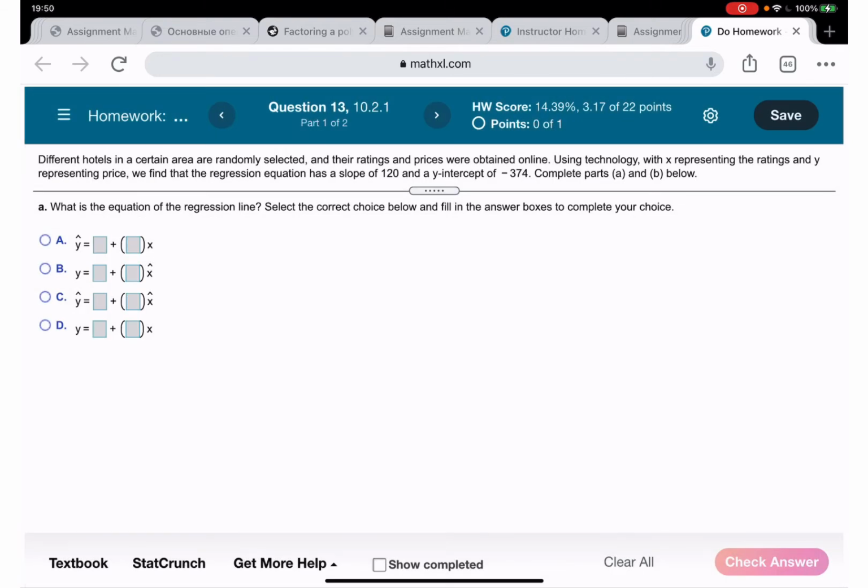All right, here we are going to complete the predicted value. I don't even need to read the entire question because we have the format y equals mx plus b, or written as b plus mx, doesn't matter at all.